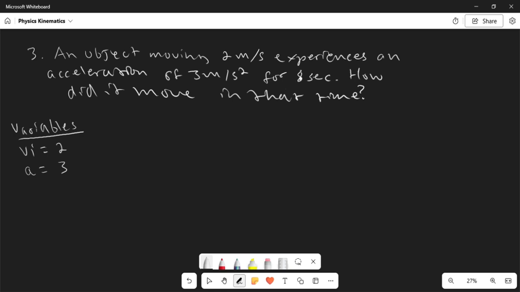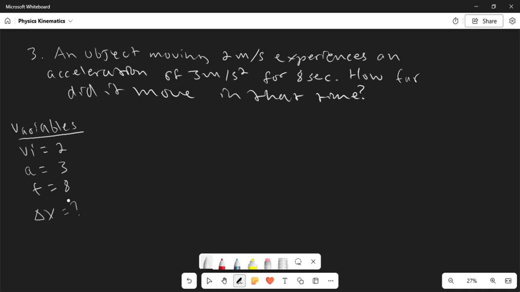Then it says that it does this for 8 seconds, so the time in which this object was moving was 8 seconds. So how far did it move in that time? When they're asking how far, they're just asking for the distance or the displacement, right? So we're trying to find the change in x, which is the displacement.